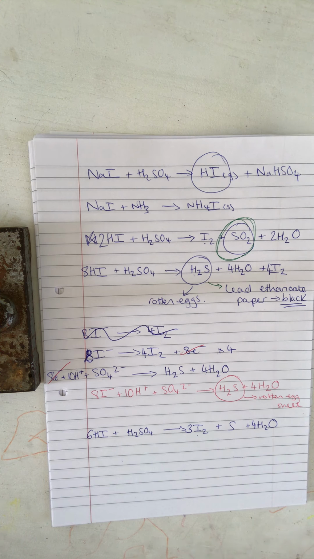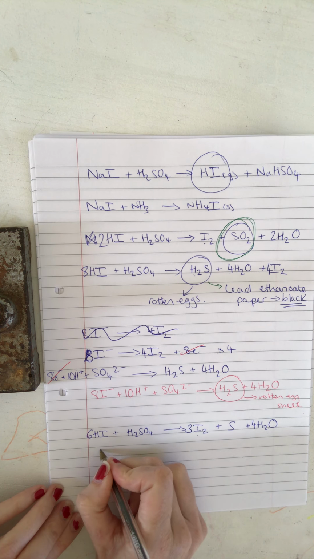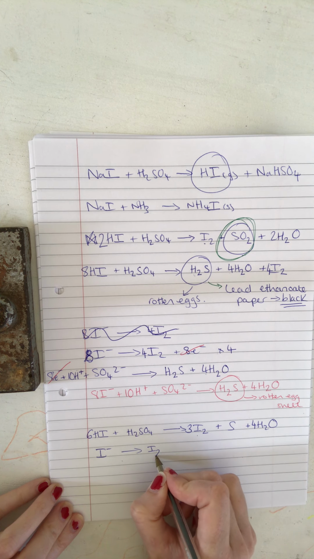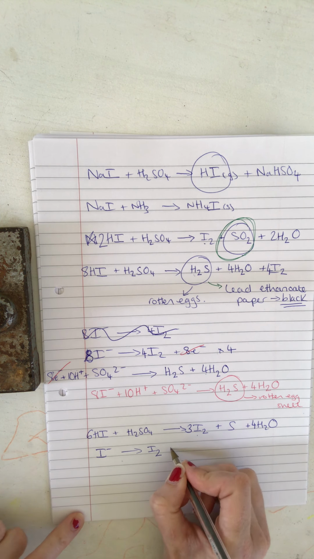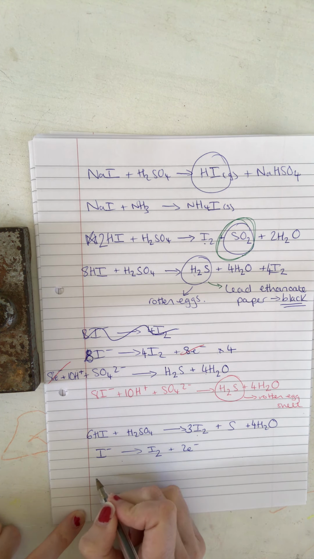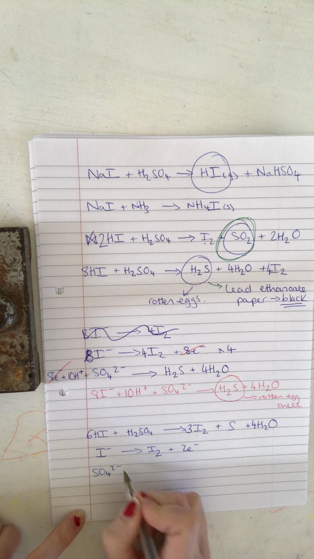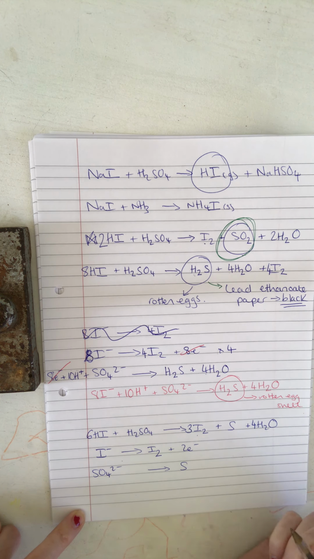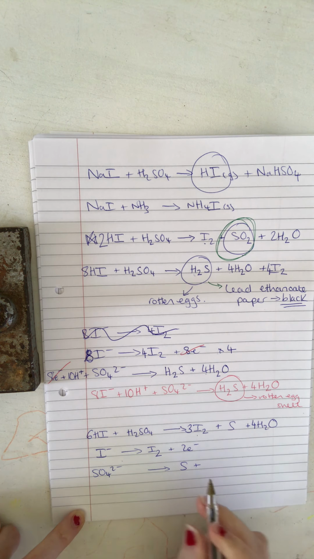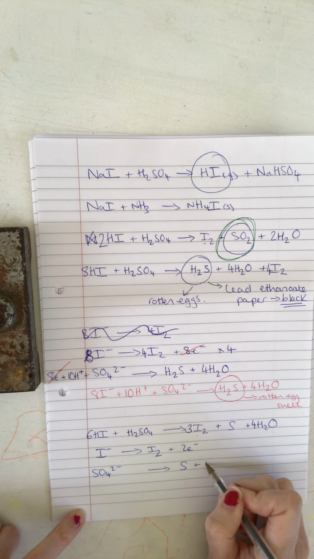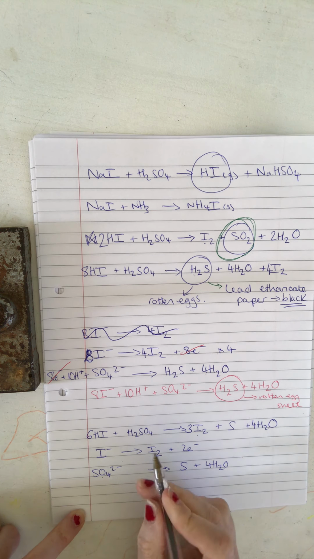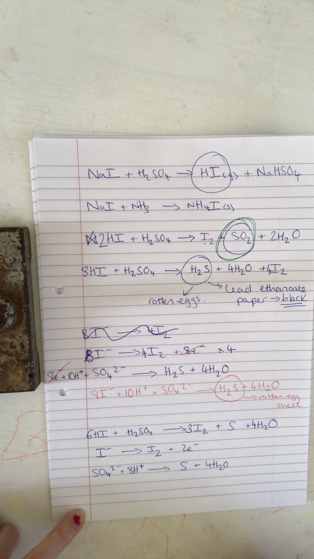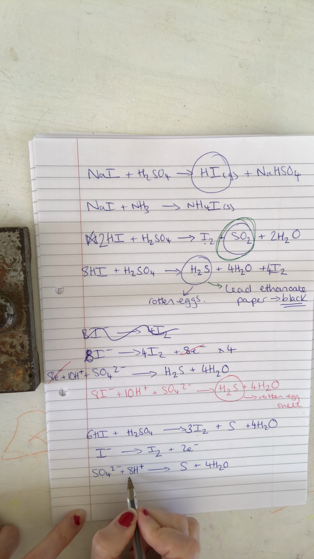And then we can do our half equation, so just starting with iodide going to iodine, and then SO4 2 minus going to S, and we need to balance our oxygen, so we need 4 H2O, which means on this side we need 8 H plus, and then we need to balance our electrons.